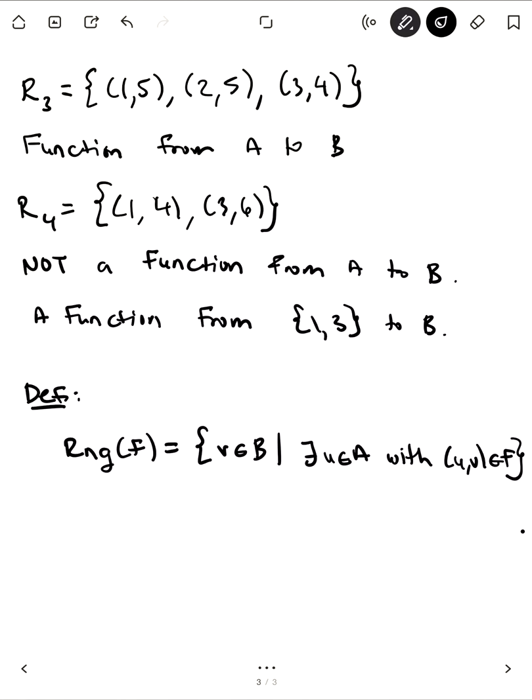This notation here at the end can get kind of tedious sometimes, and so we have a better way of writing it, and this is the way that y'all are used to.